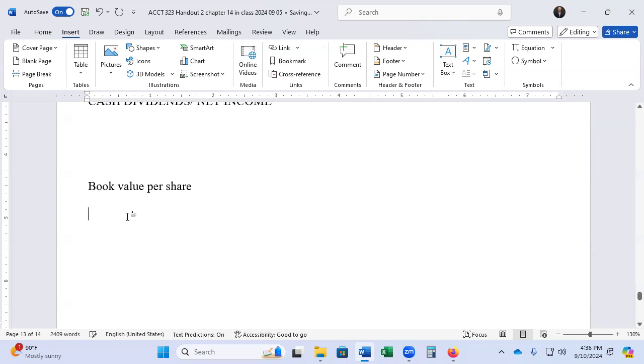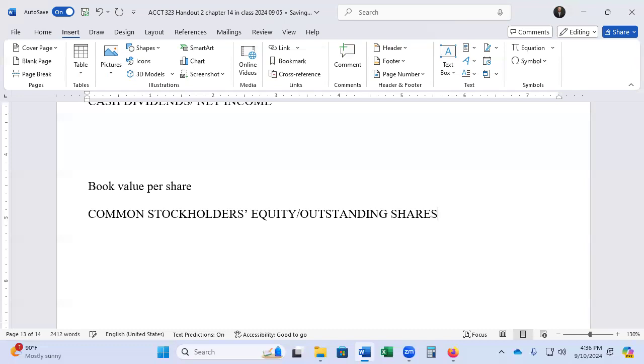And then book value per share is common stockholders' equity divided by outstanding shares.